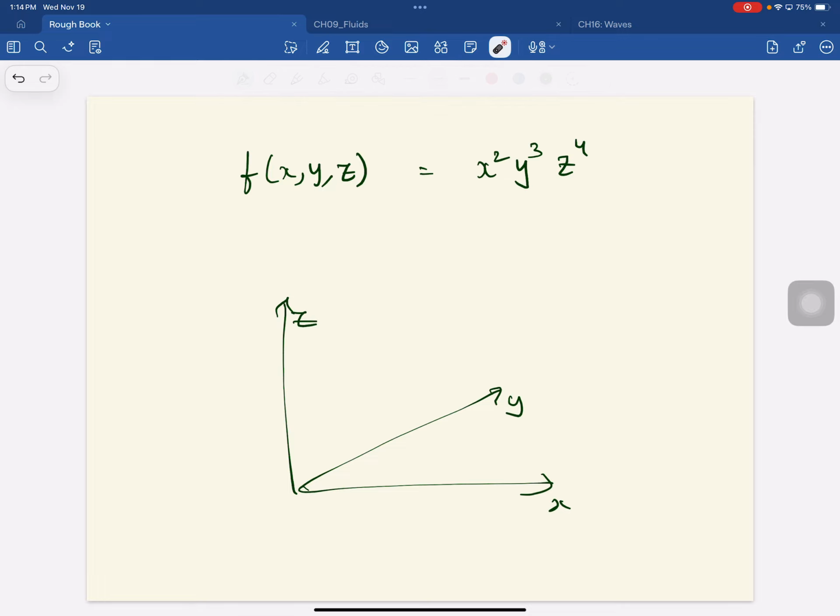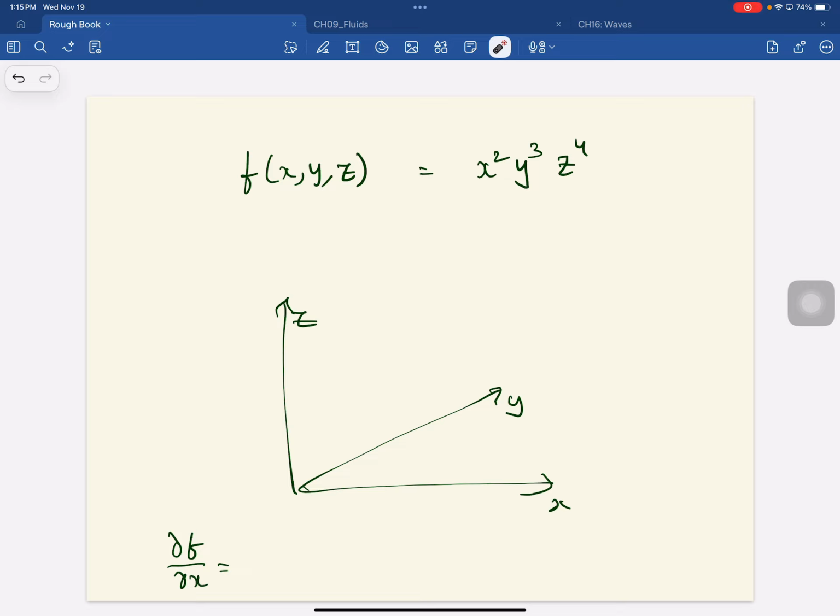So this is a scalar function. You can put in x, y, and z and you can get a number. It'll spit out a number at every location, right? All right. So let's do the mechanics first. Partial derivative of f with respect to x means you take the derivative with respect to x and treat the other variables as constant.